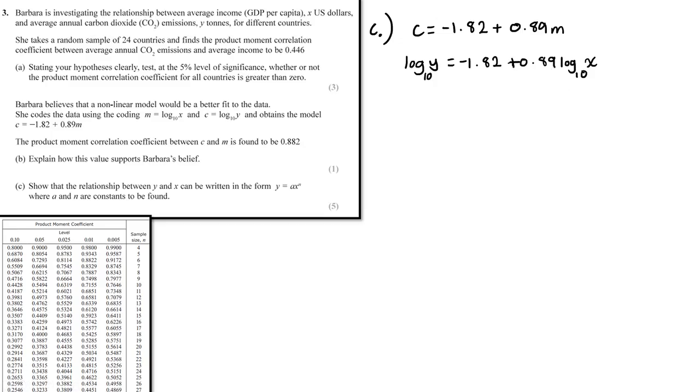So if we want it in the form y equals ax to the power of n, we need to rearrange, calling this equation 1, so that y is the subject. Straight away you should see that an issue is that we have y as a logarithm, log y base 10, so we need to get rid of the logarithms. The first thing we do is raise everything to a power of 10, so 10 to the log y base 10 gives us y on the left hand side.